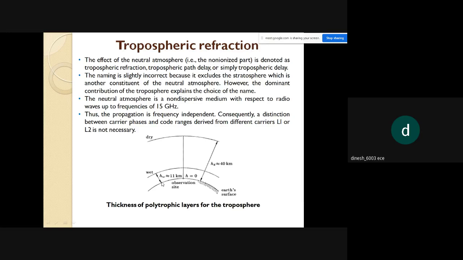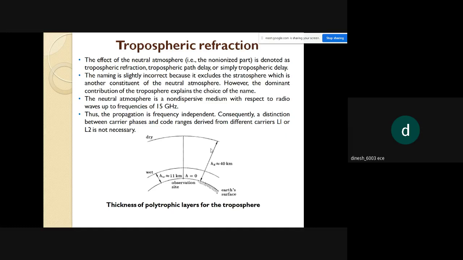From the Earth's surface to a distance of approximately 11 kilometers, we have a wet region, and above that, approximately 40 kilometers from the Earth surface, we have the dry region. The region from the Earth surface up to 11 kilometers we call the wet region, and above that we call the dry region.